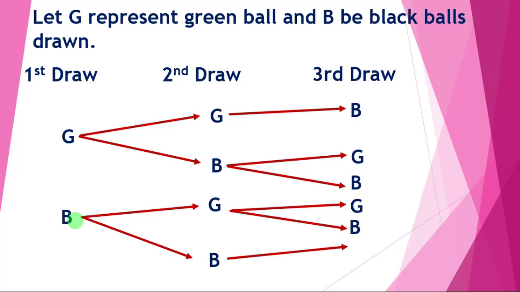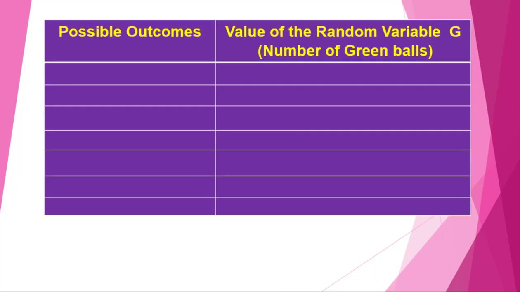So what are the 2 possibilities? It could be G or B. Okay, these are the possible outcomes. So take note of this: there are 7, not 8, possible outcomes. Let's make a table for this.